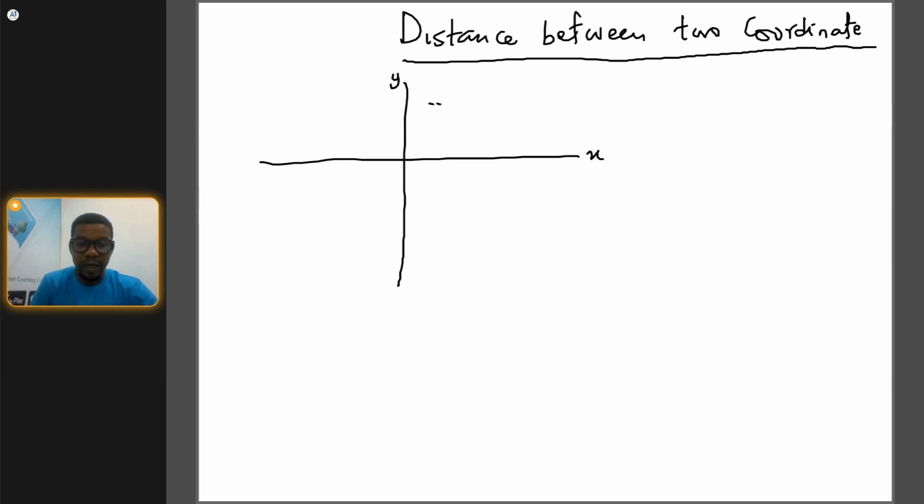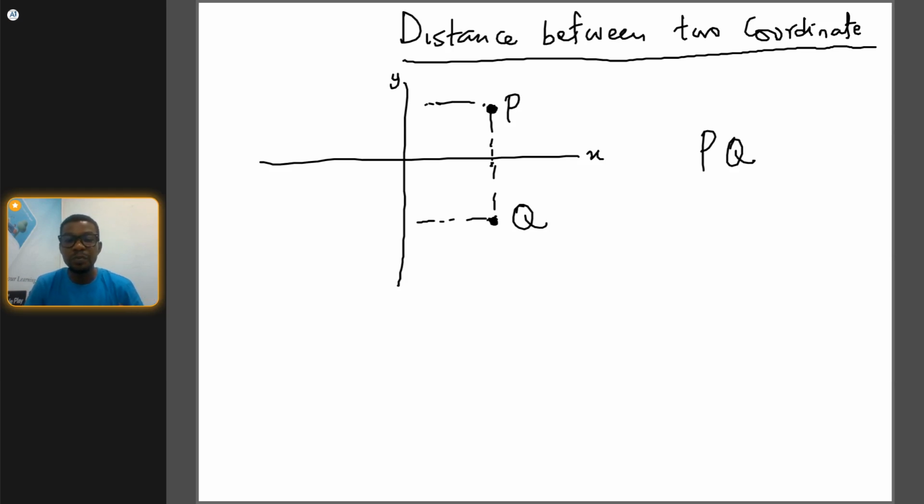So let's assume we have a point here marked as P, and we have another point here marked as Q. So we have two coordinates, that is P and Q. So how do we find the distance between P and Q as coordinates? They are both coordinates, and we want to get the distance between them.